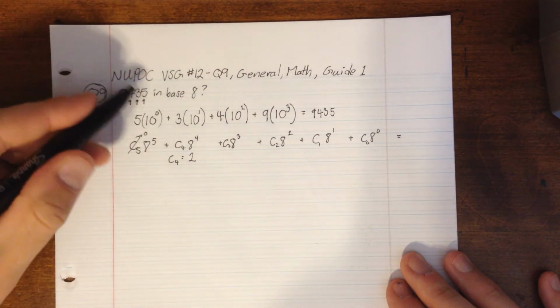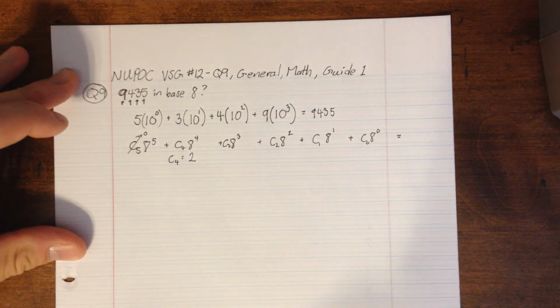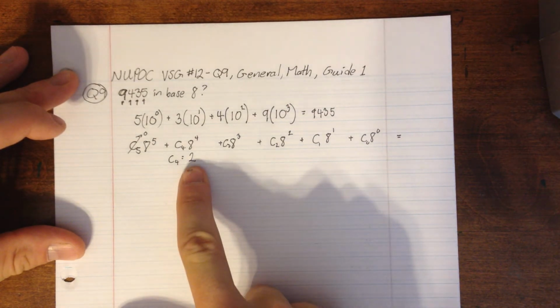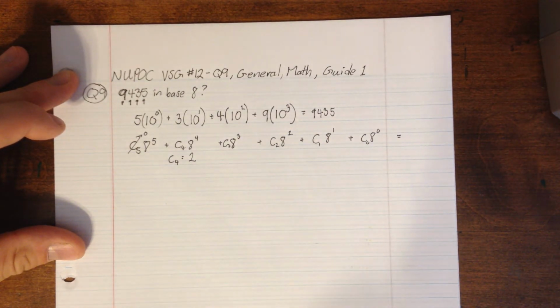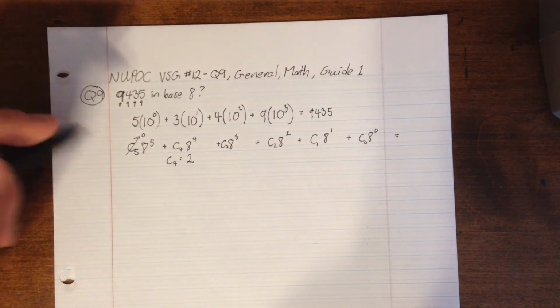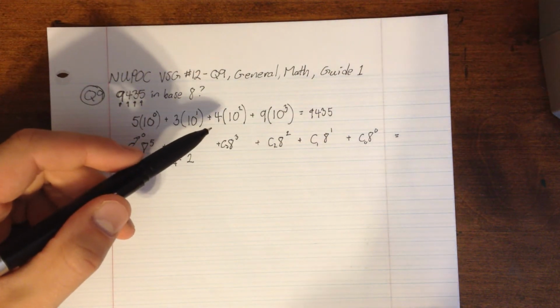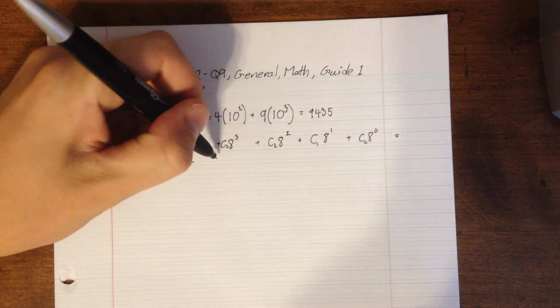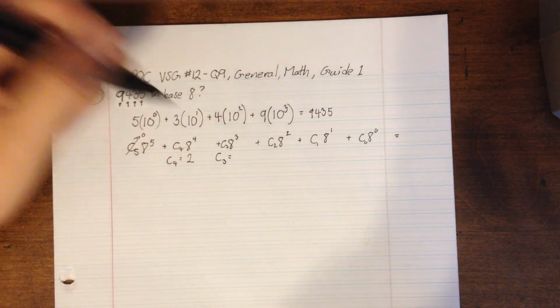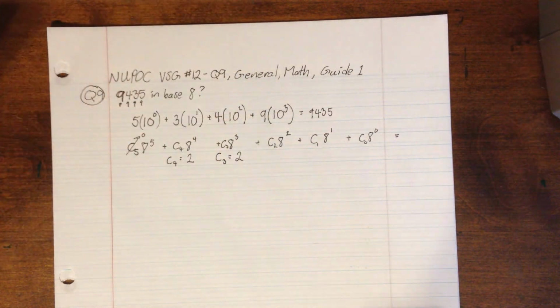And then what do we have left over? 9435 minus 2 times 4096 leaves 1243. 8 to the third is 512. How many times can 512 go into 1243? About 2, so C3 equals 2.